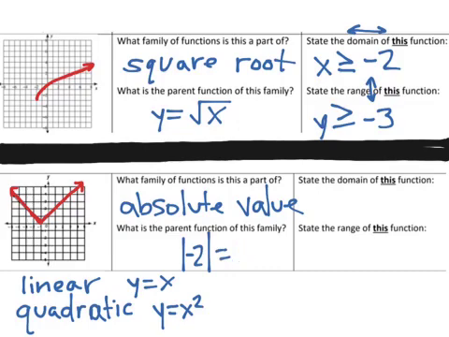So if we had -2, it would turn to +2. Now the parent function for absolute value is y equals the absolute value of x. So two very tall lines, that way they're not confused as ones. Y equals absolute value of x. And if we were to graph that, it would look like this.